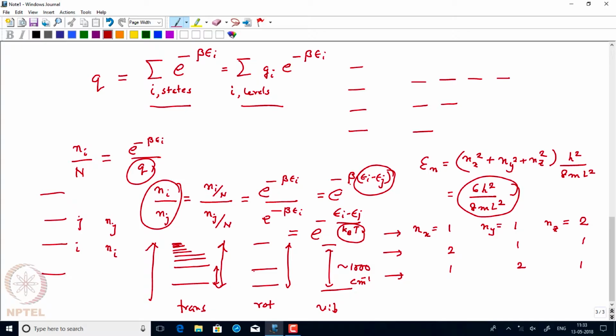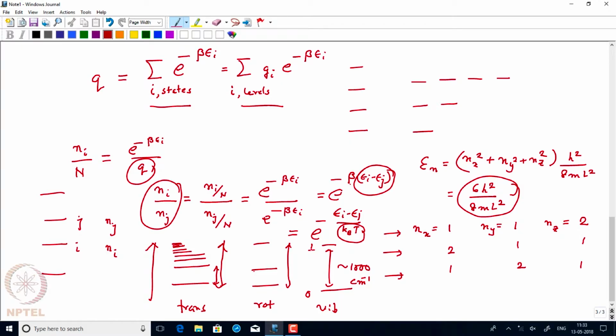You can take the temperature to be 300 Kelvin, and let's say this is the zero point energy of vibration, and this is the first vibrational energy level, v equal to 0 and v equal to 1. So how many molecules are there relative to the total number of molecules, what is the fraction, you can easily calculate.